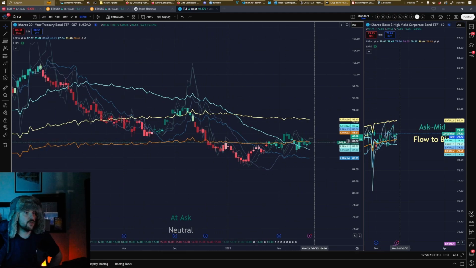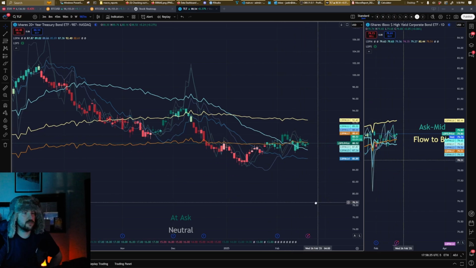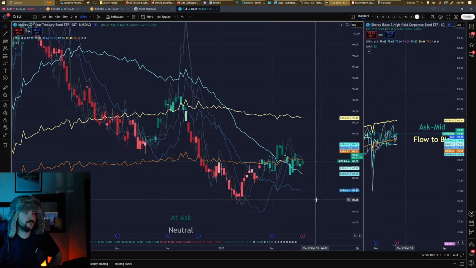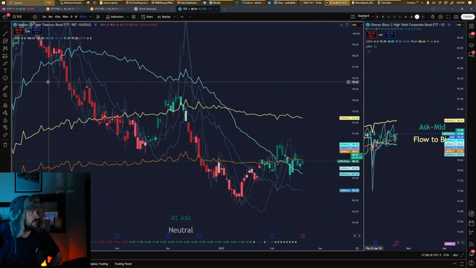But yeah, it seems reasonable to expect TLT to bump up to 92. At this rate, though, it's quite a while.